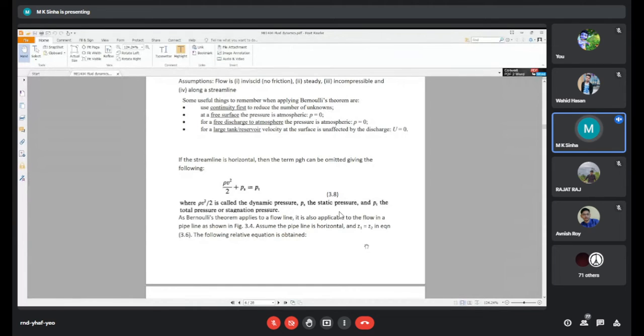The summation of the dynamic pressure and static pressure is the total pressure, and it is also called the stagnation pressure. The fluid is stagnant when it comes in contact with any measuring device.